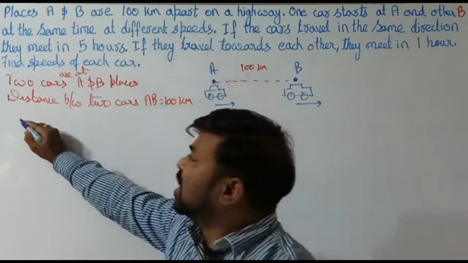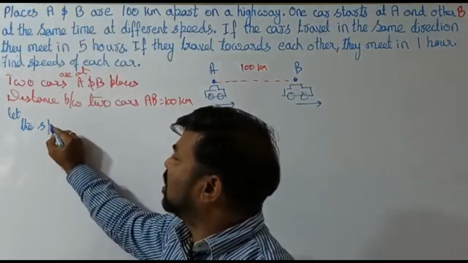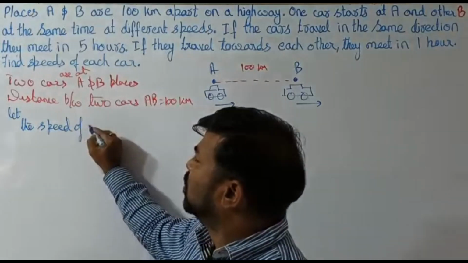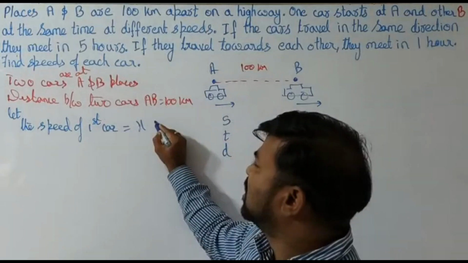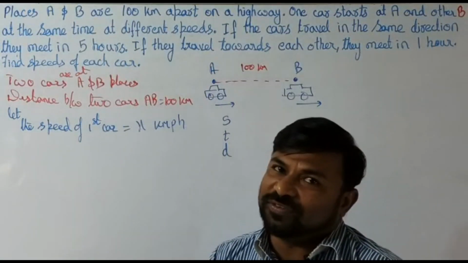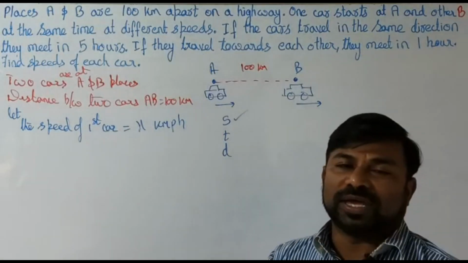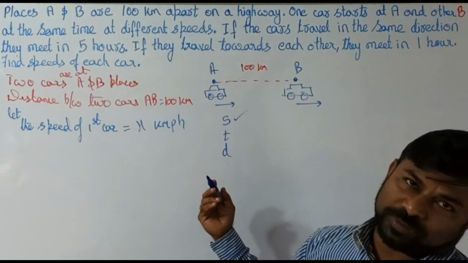So let's take it: let the speed of the first car equal x kilometers per hour. We are talking about the first variable here, the speed. So the speed of the first car is x kilometers per hour.